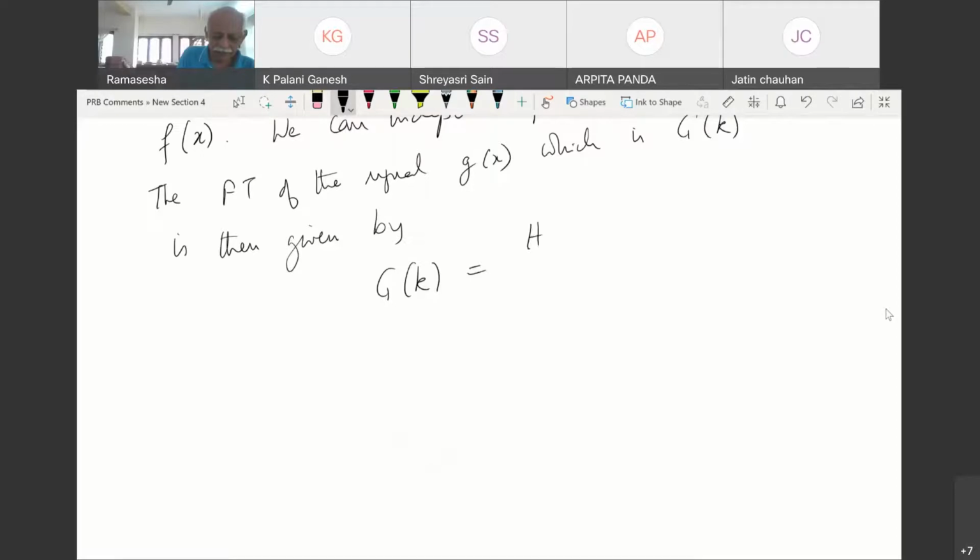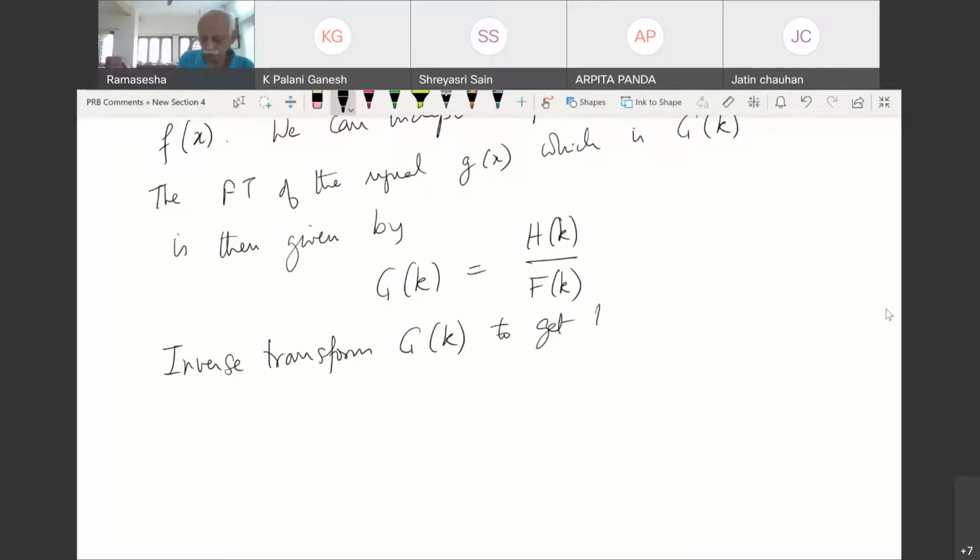So inverse transform G of k to get the signal corrected for the error spreading function.